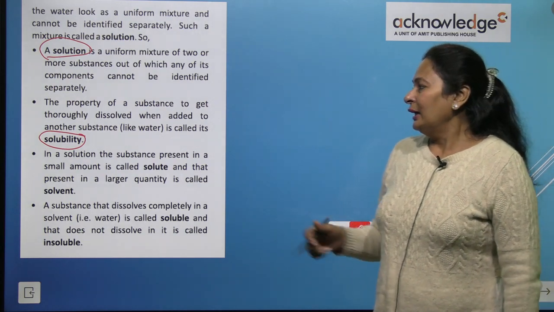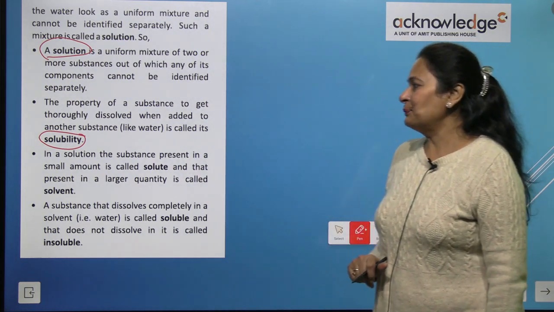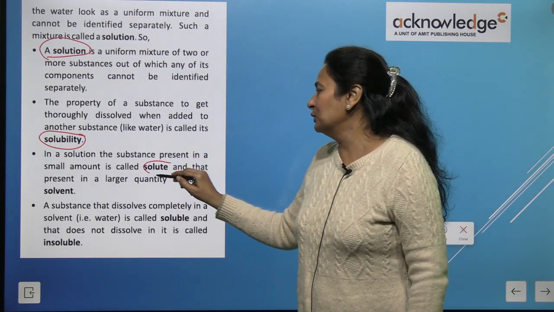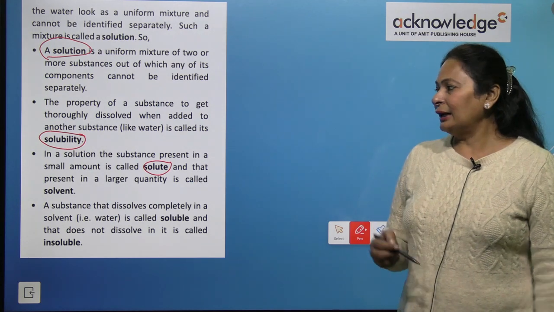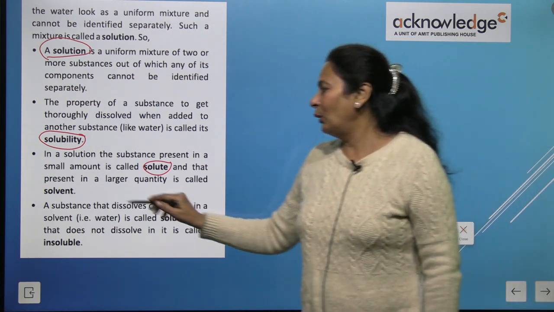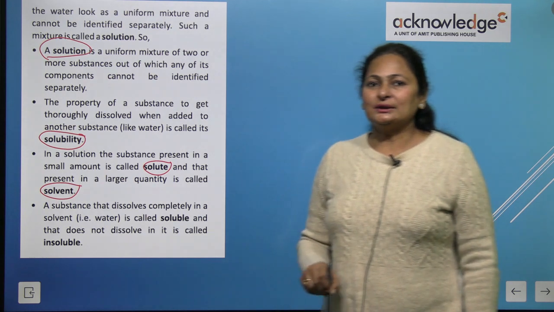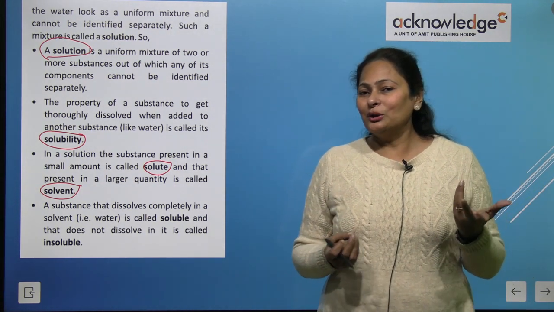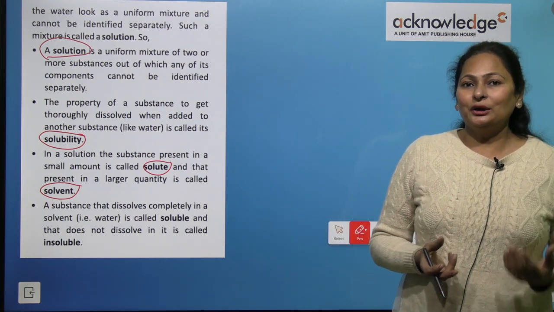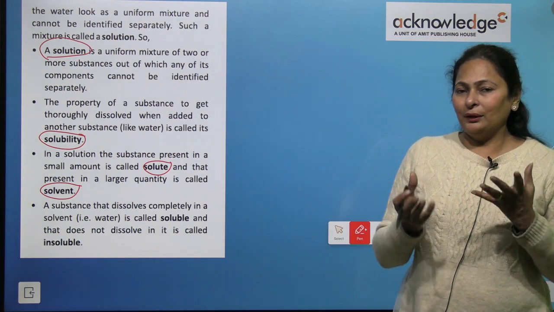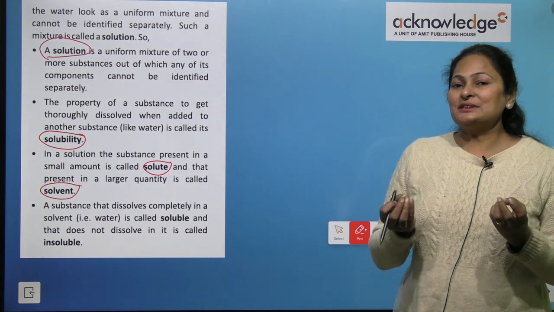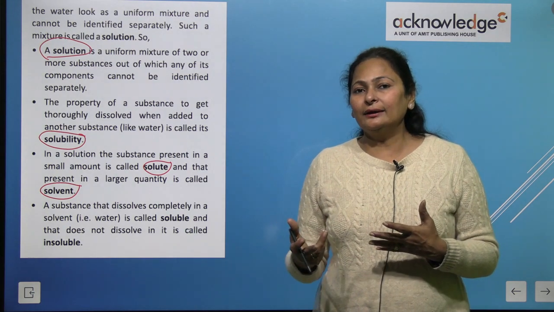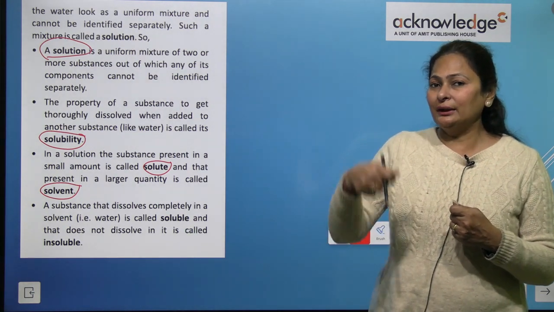So let's see. In a solution, the substance present in the small amount is called solute, and the substance present in the larger quantity is called the solvent, right? So water is a solvent and sugar or salt is a solute in it, right? The substance which is in the large quantity like water or any other liquid. We also mix sugar in the milk.